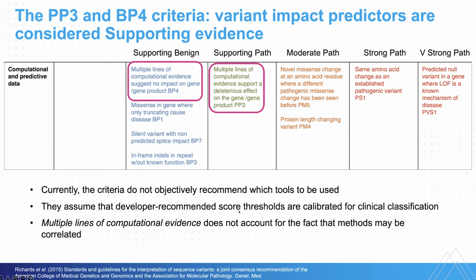And the assumption here is that the default output that the predictor provides is calibrated for clinical classification. And then there's basically an expectation that one would use multiple tools and make a consensus decision out of that. But it doesn't account for the fact that many of these predictors are correlated because they're often using the same training data sets, similar features, and probably have similar design intentions as well.